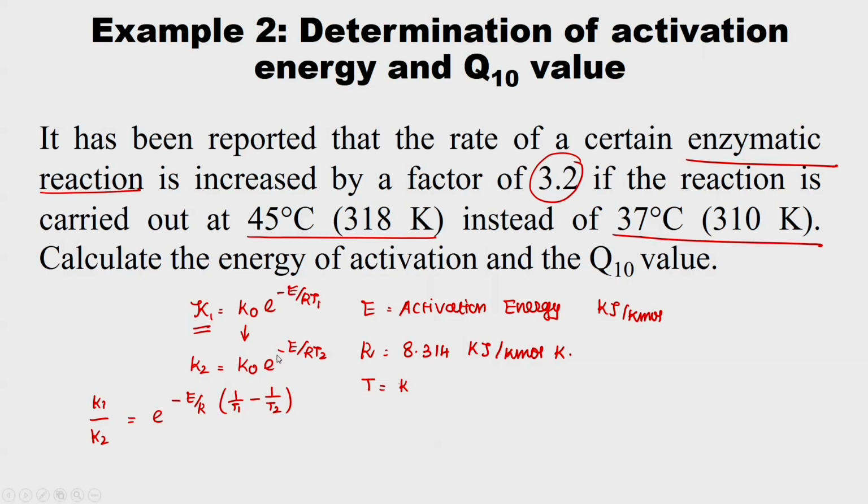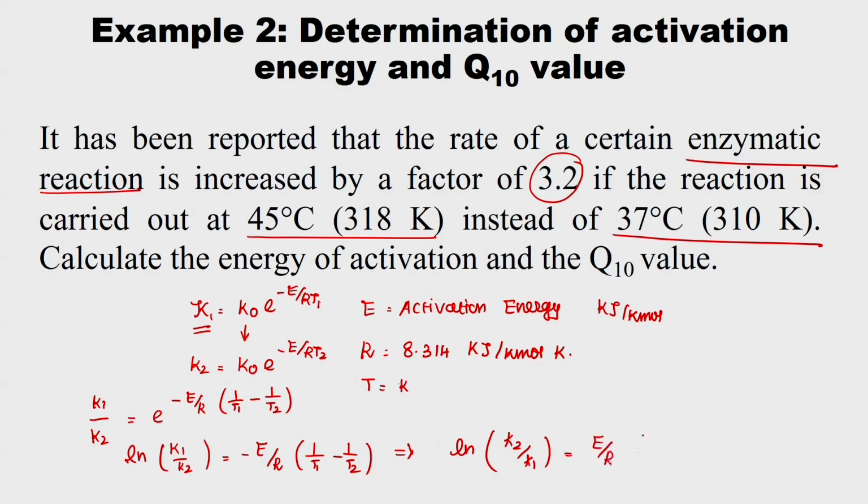Taking the natural logarithm, this becomes ln of K2 upon K1 equals E upon R times 1 upon T1 minus 1 upon T2, or you can write it as T2 minus T1 upon T2 T1.